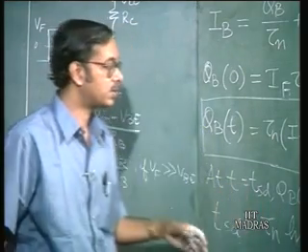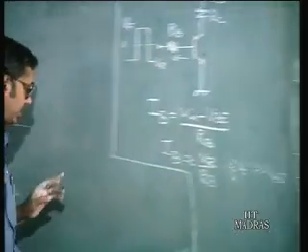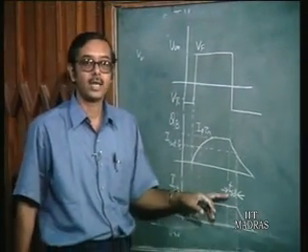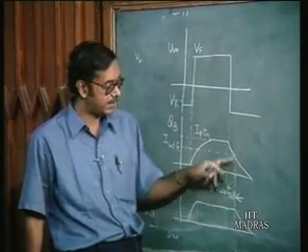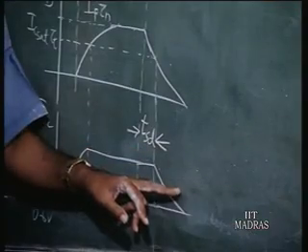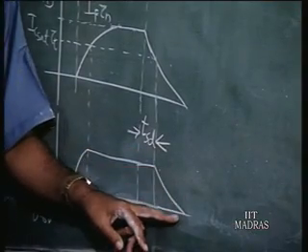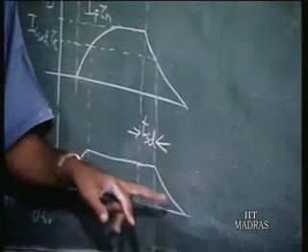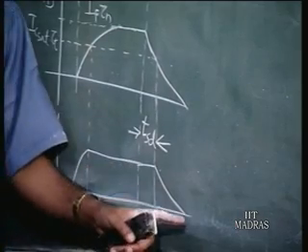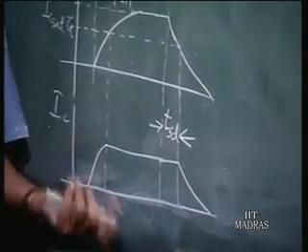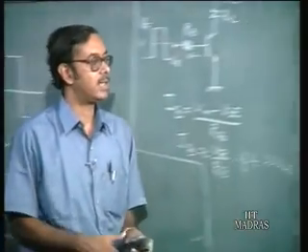Then of course, finally, if we come back to this curve again, this is the storage delay time, and then there is another delay time before the transistor actually goes to cut off, that is what is called the discharge time. In order to calculate the discharge time, it's again very simple.